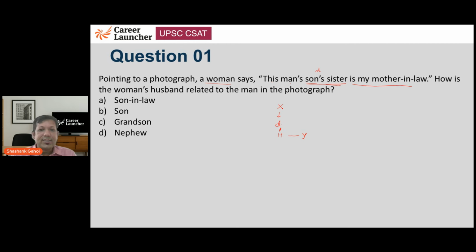So basically, X has a daughter, the daughter has a son, and Y is the wife of that H. So the question says, how is the woman's husband related to the man in the photograph? The woman's husband is H, and the man is X. So H is going to be the grandson of X. So the answer of this question is going to be option C, that is grandson.